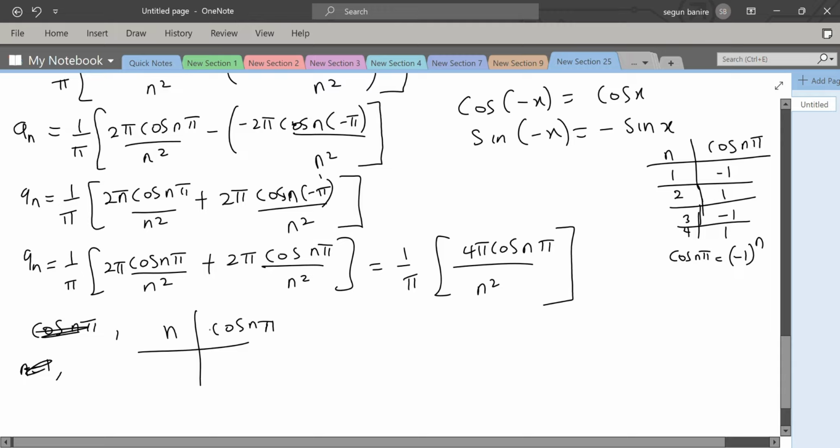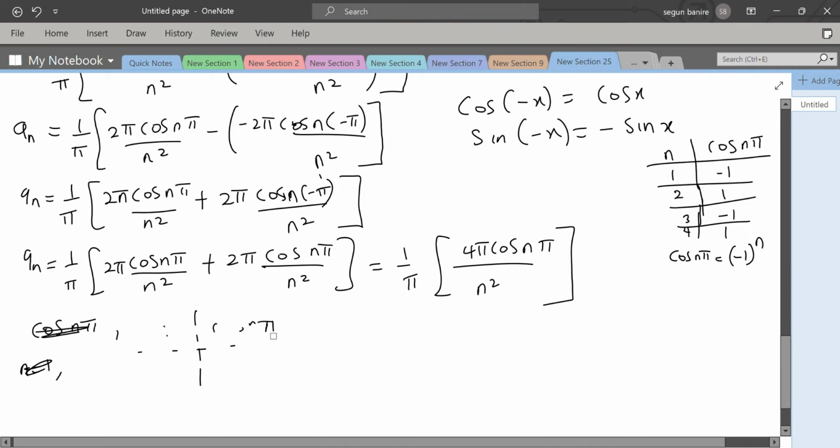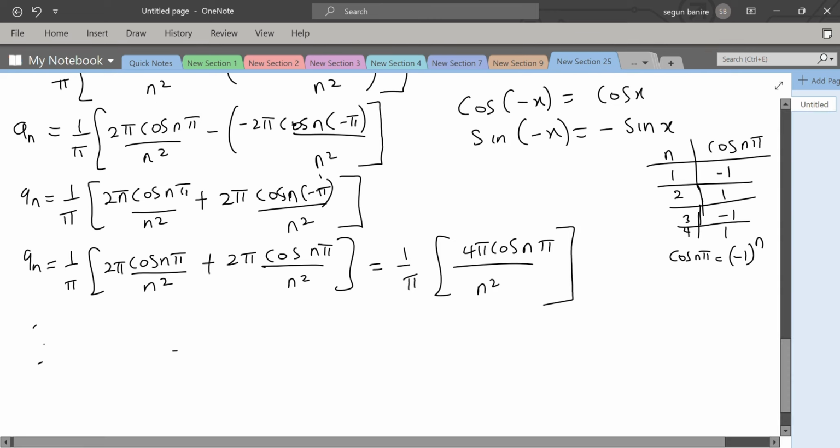So we are going to change cos n pi to minus 1 raised to the power of n.